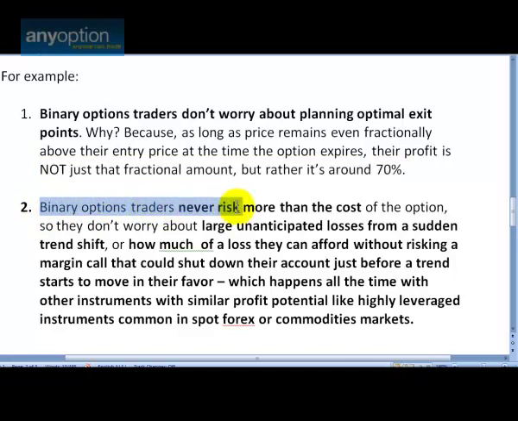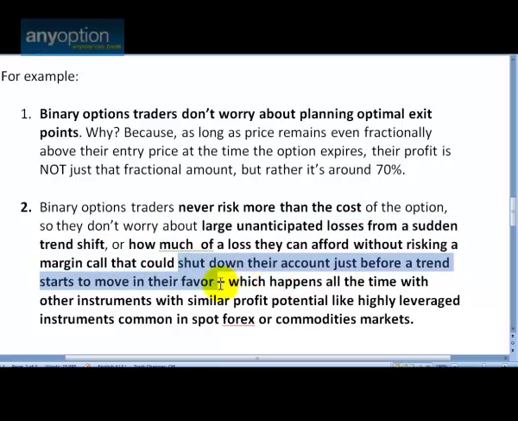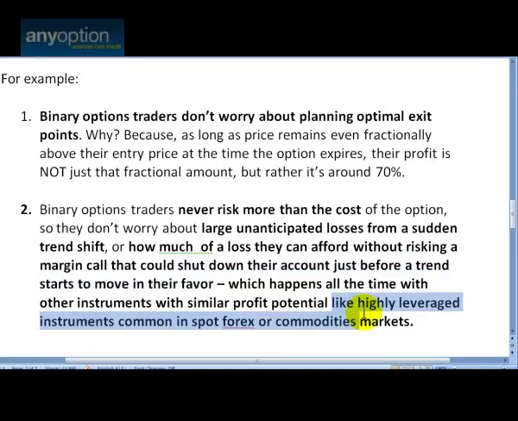Binary options traders also never risk more than the cost of the option, so they don't worry about large unanticipated losses from a sudden trend shift, or about how much loss they can afford without risking a margin call. And that could shut down their account before the trend starts to develop in their favor. And of course that happens all the time with other instruments with similar profit potential, like highly leveraged instruments common in spot forex and commodities markets.